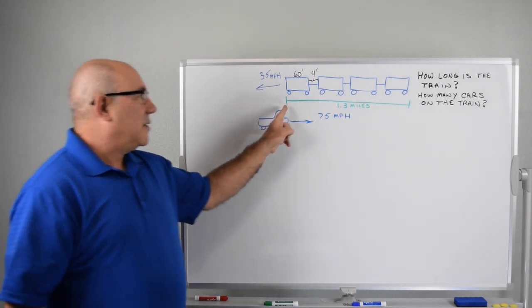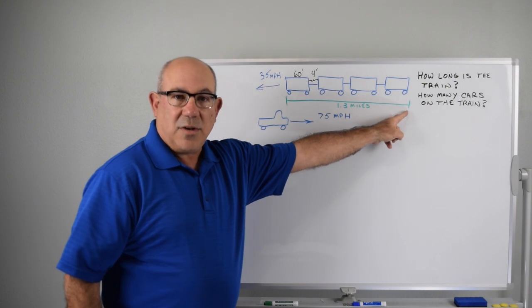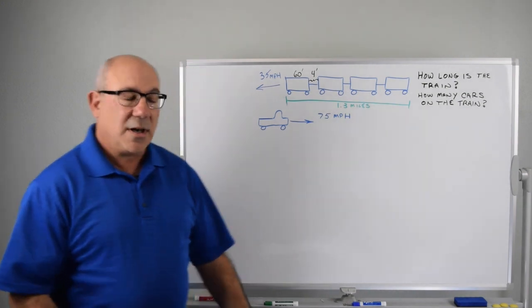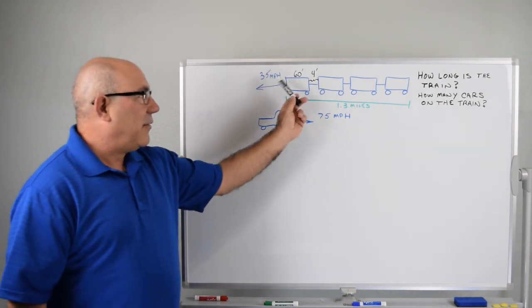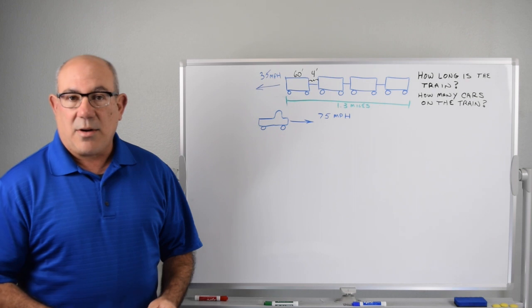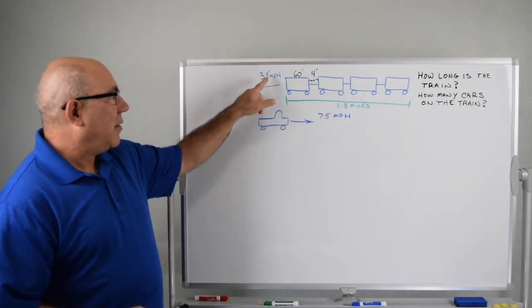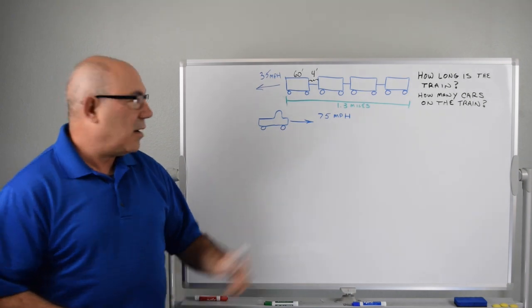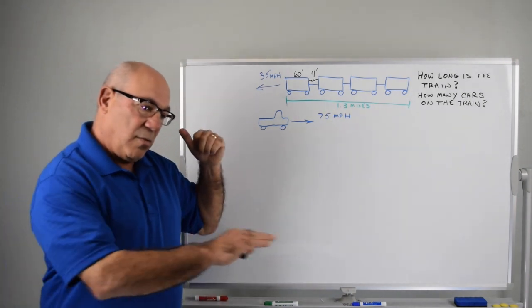So I clocked how long it took till I reached the end of the train with my odometer on my truck, and it was 1.3 miles. Based on that information, I wondered if I could calculate how long the train was and how many cars it has. We have to take into account the relative speed over this distance, because the train is moving one way and we're moving the other.